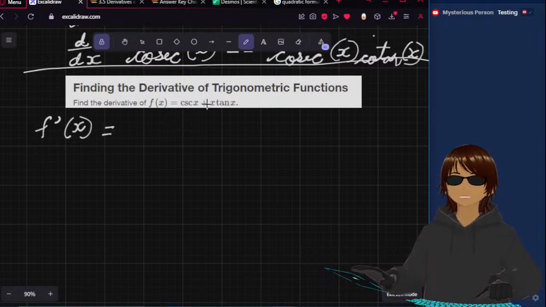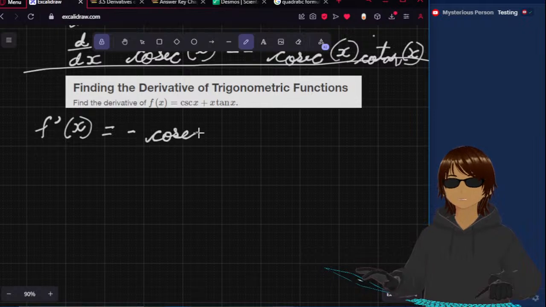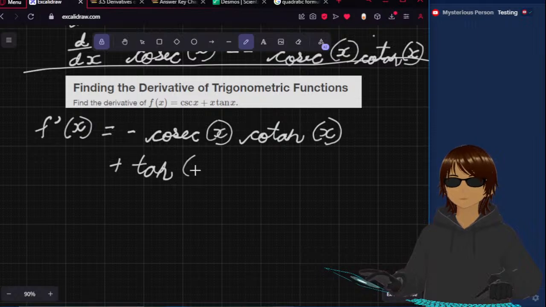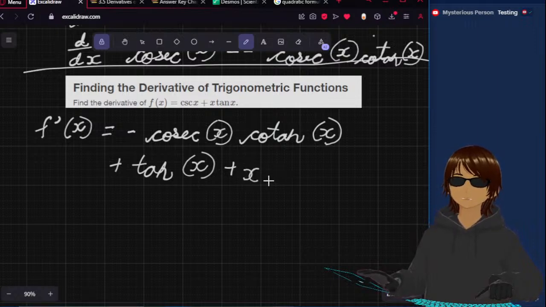No, for this one, derivative of cosecant, I mean, it's written right there. Minus cosecant x cotangent x. Now, derivative of the first times the second plus the first times the derivative of the second, which is secant squared.